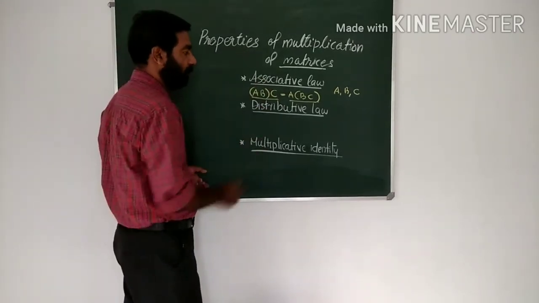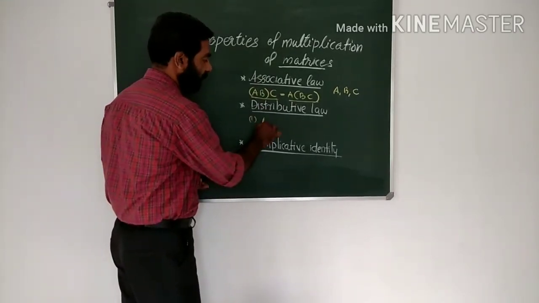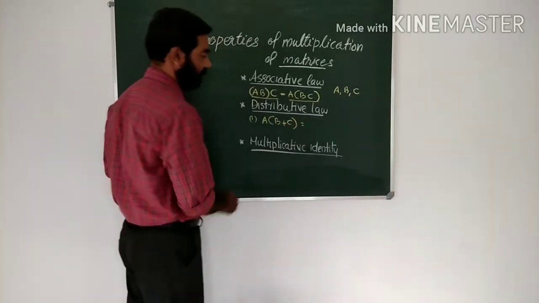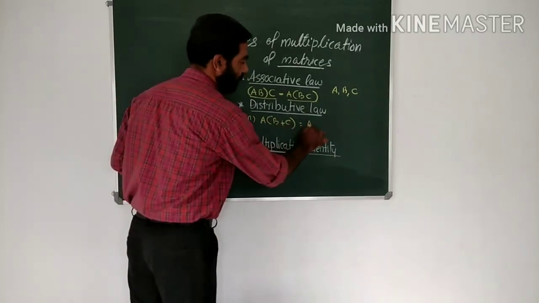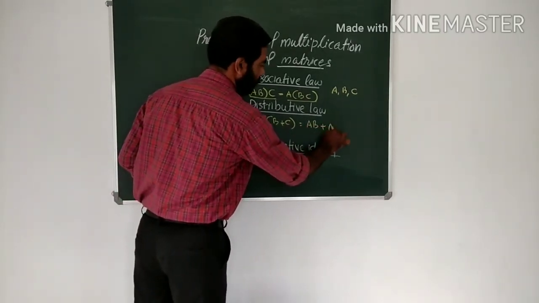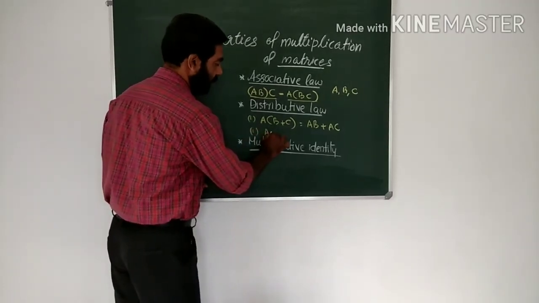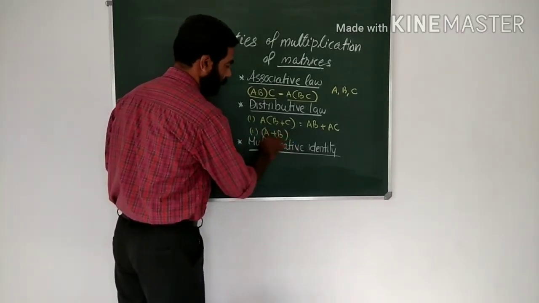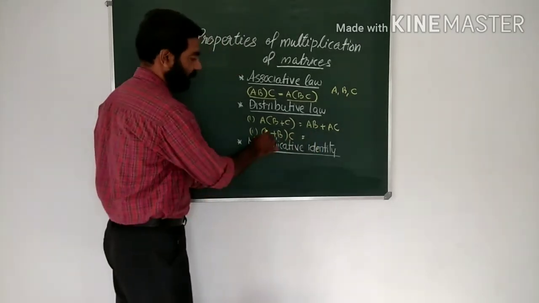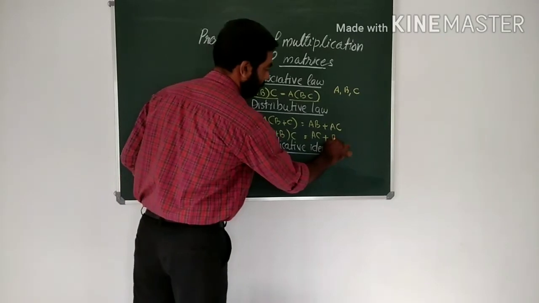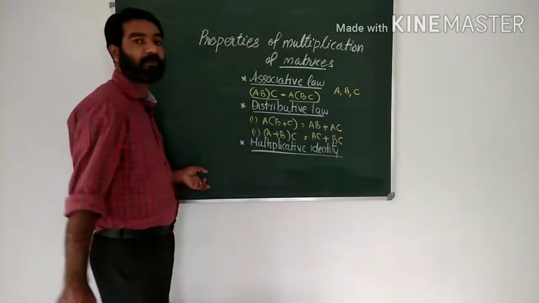Now what is the distributive law? First one, A into B plus C is equal to A into B plus A into C. Also we can write A plus B into C is equal to A into C plus B into C. Both are the distributive law.